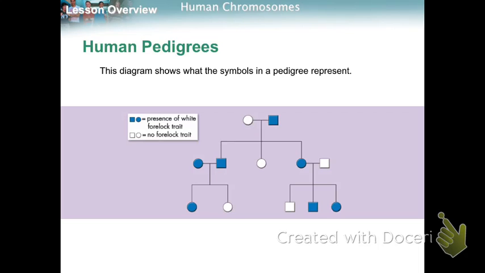So in this case, a white forelock is like a person has dark hair and then a white spot at the front of their hair. All these squares represent males. All the circles represent females.